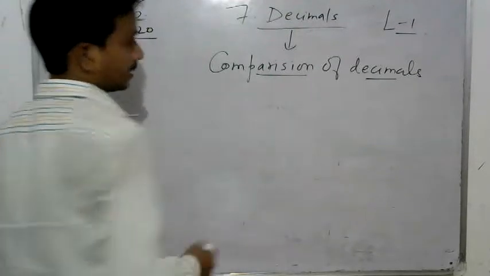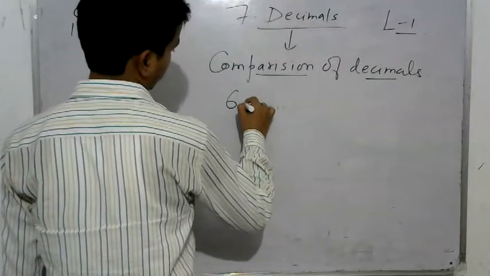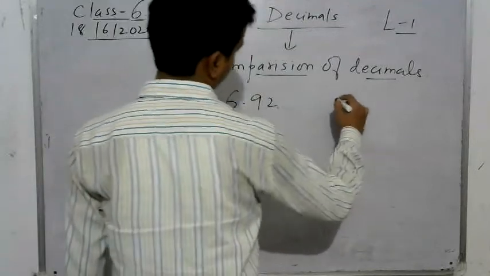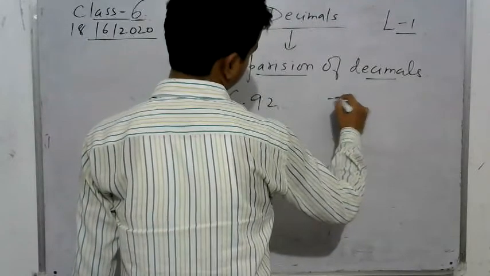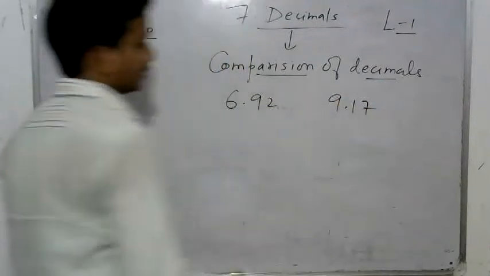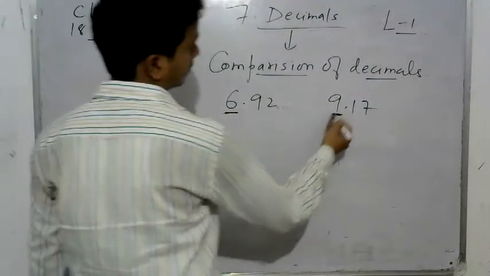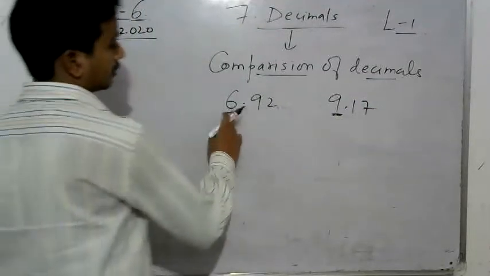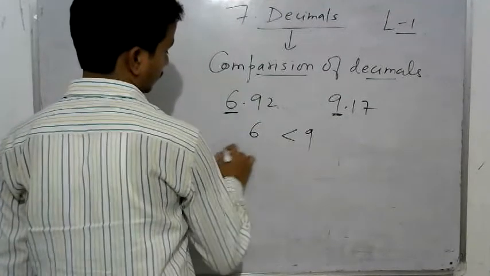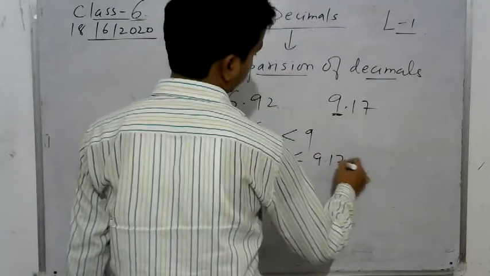Suppose if the integer parts are different, suppose here 6.92 and here 9.17. Here the integer part is 6. First compare the integer part. Here the integer part is 6 and here the integer part is 9. Since 6 is less than 9, therefore 6.92 will be less than 9.17.